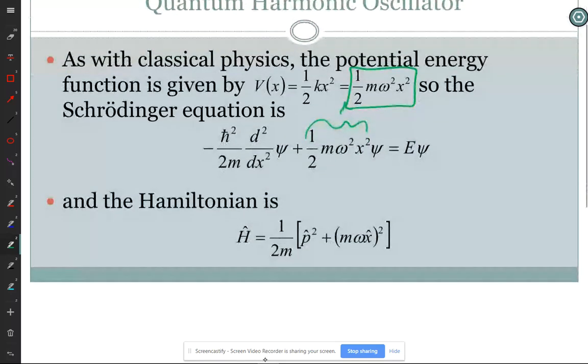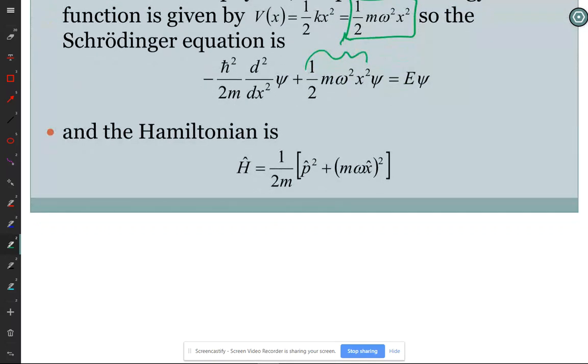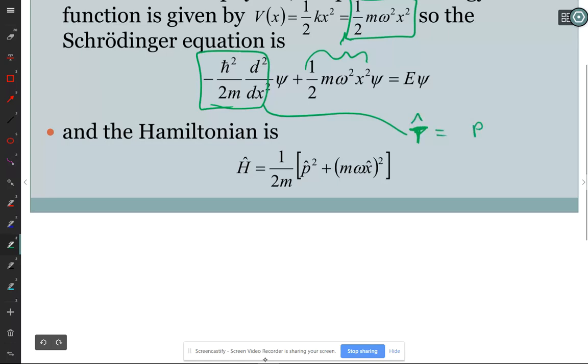And from that, we can write the Hamiltonian as, and notice we did something that's almost backward. This term right here, we had originally come to that by saying that the kinetic energy, T is the symbol we use for this, the kinetic energy operator should be the momentum operator squared over 2m.